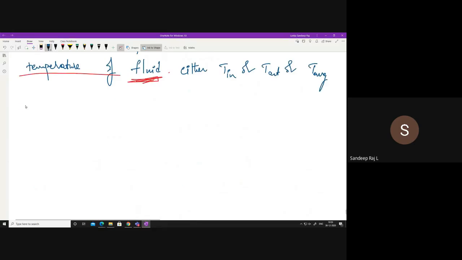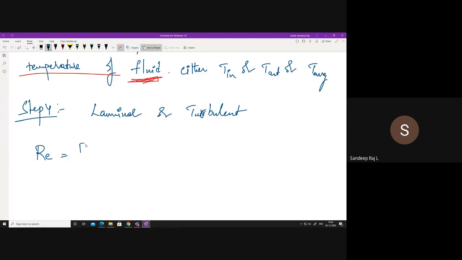And what is the next thing? Step four. You have to find out whether the flow is laminar or turbulent. We will check this using the Reynolds number formula. There are so many formulas: rho V d by mu, or V d by nu, or 4 m dot by pi d mu.